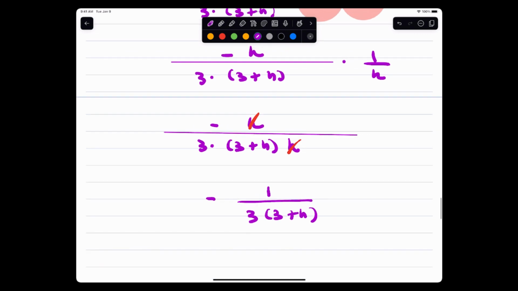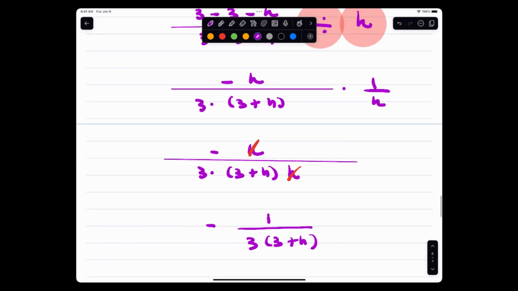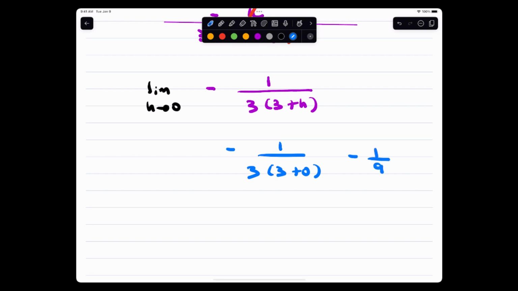You're going to see that cancel. And what's my limit now? h goes to 0. So this is the algebra they have in mind. So by direct sub now, you get negative 1 over 3 plus 0, which is going to equal negative 1/9.